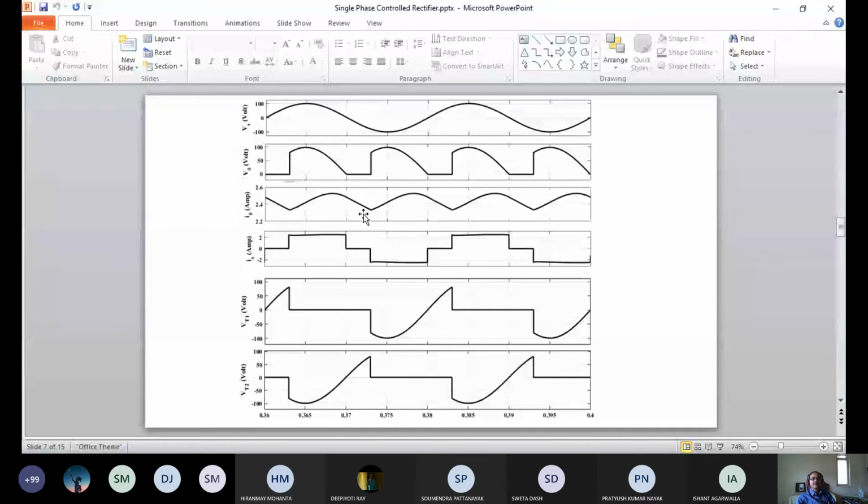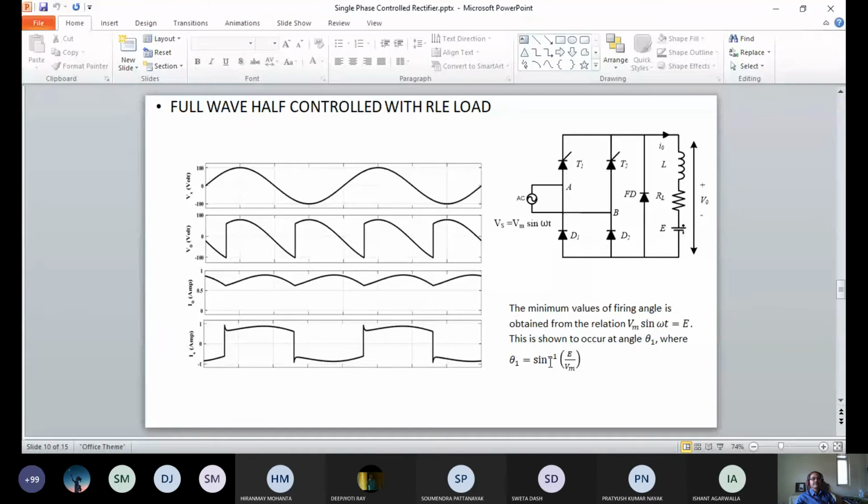Here the waveform is not correct. Actually, instead of inherent freewheeling, if you connect a freewheeling diode here, this is for RLE load.